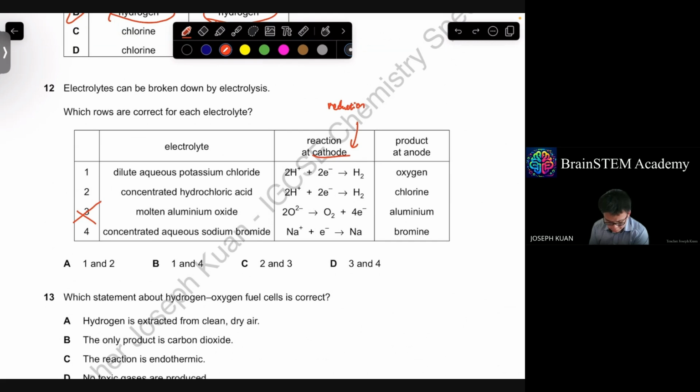Then we look at number 4. We just mentioned that given that we're doing concentrated aqueous solutions, metals will never get discharged at the cathode. So it's 1 and 2. 3 is the answer. Right. Let me double check here.